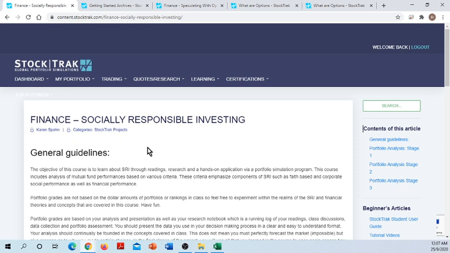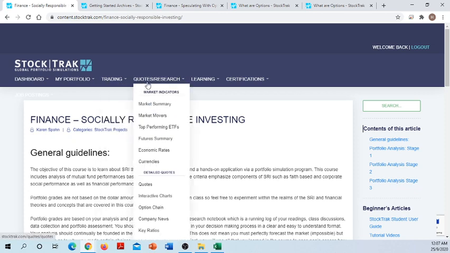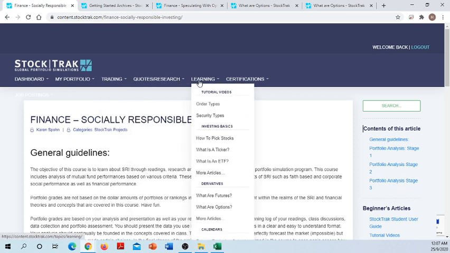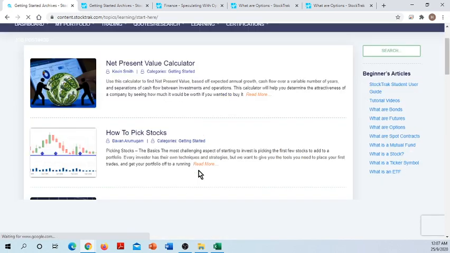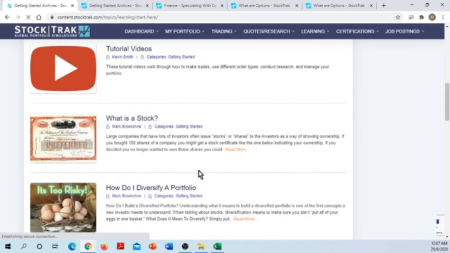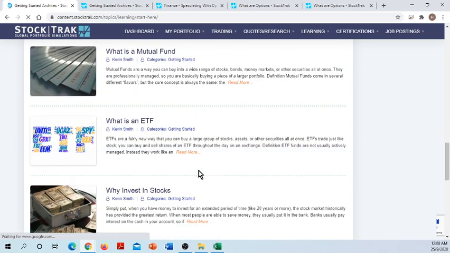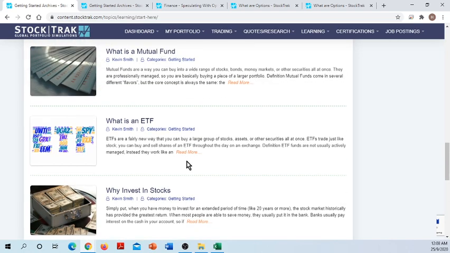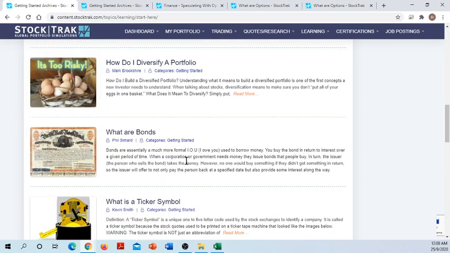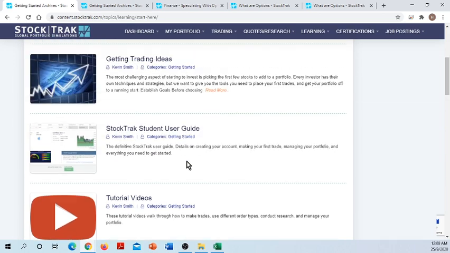And another important resource that you can also share with your students is in the learning section. You go to more articles here, and one important article is the StockTrak student user guide.